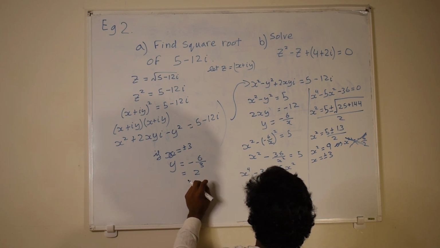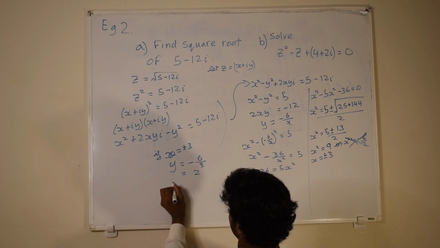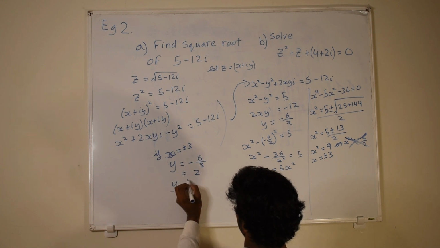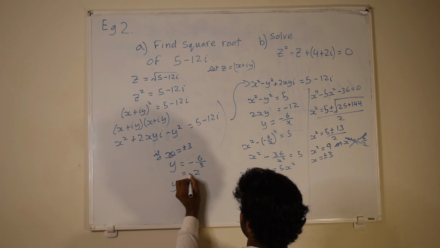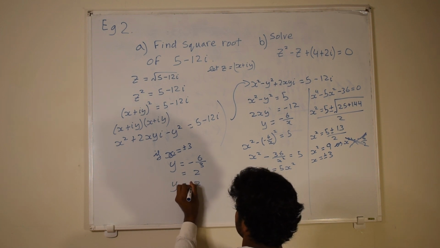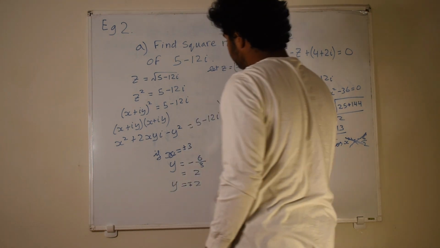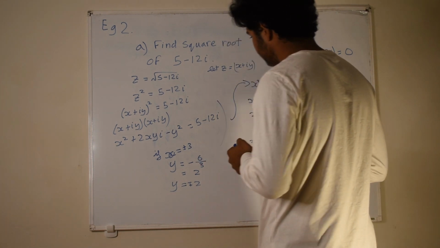Is that right? Yeah. And when x equals minus 3, y equals plus 2. So if x equals plus minus 3, y equals minus plus 2.